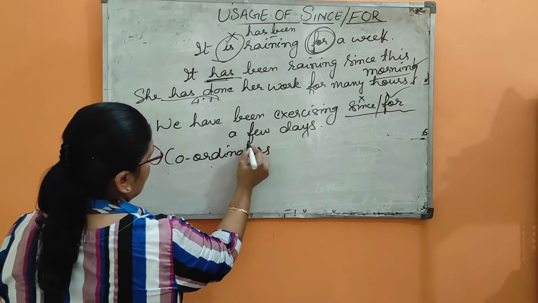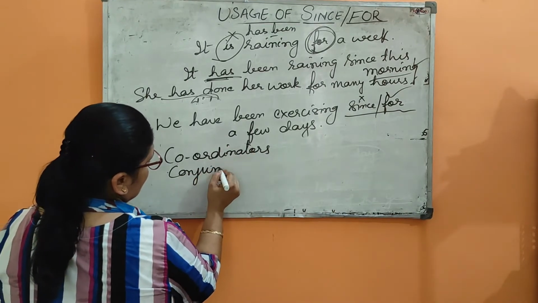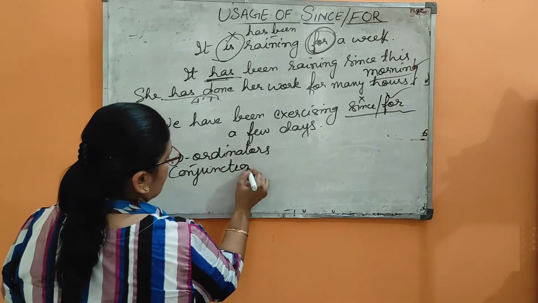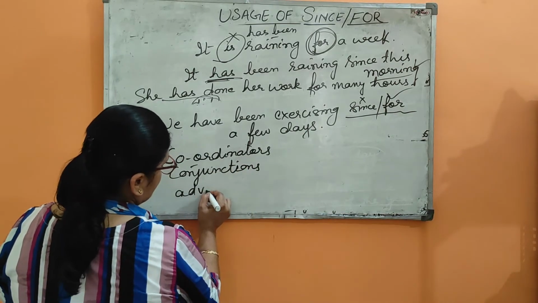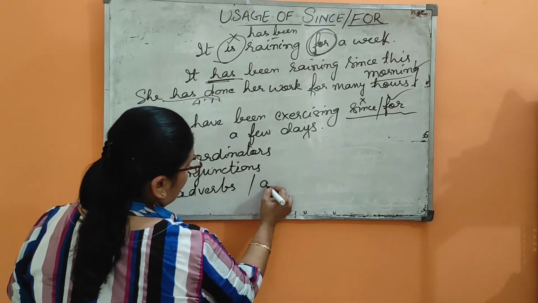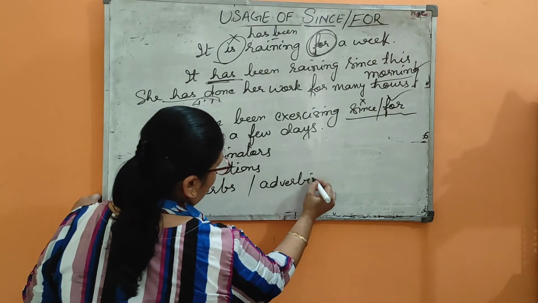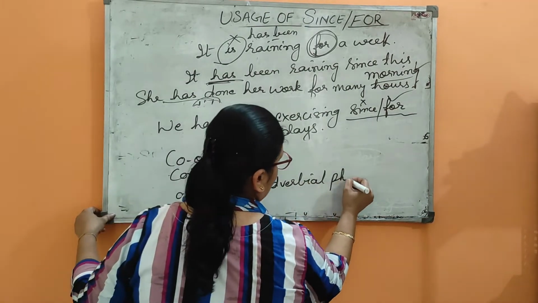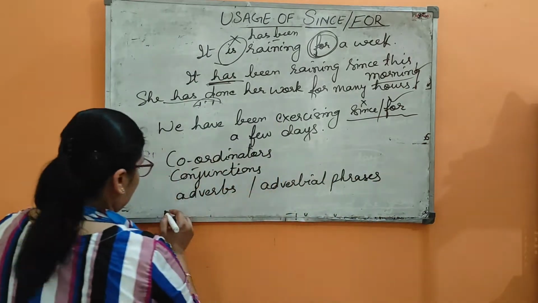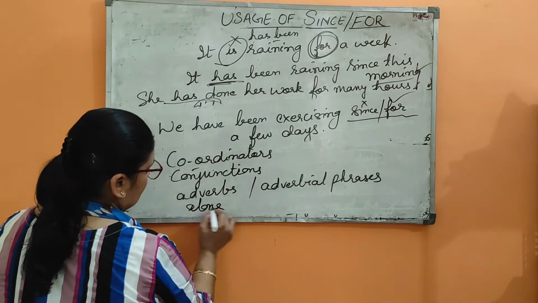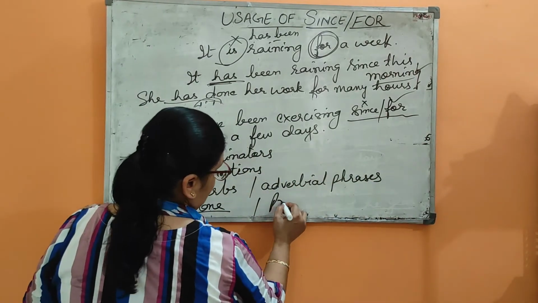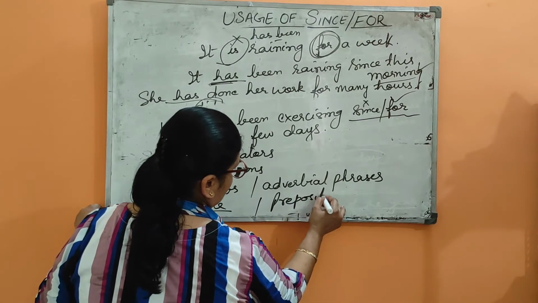Coordinators means conjunctions, and also adverbs or adverbial phrases. When they have more words with them, they become adverbial phrases, or they may be used all alone. Or prepositions also. They are also used as prepositions.